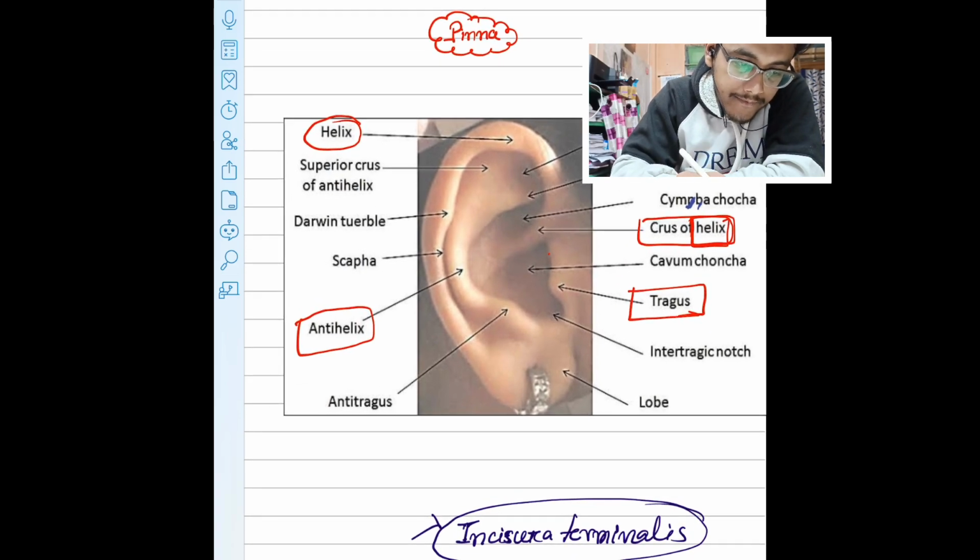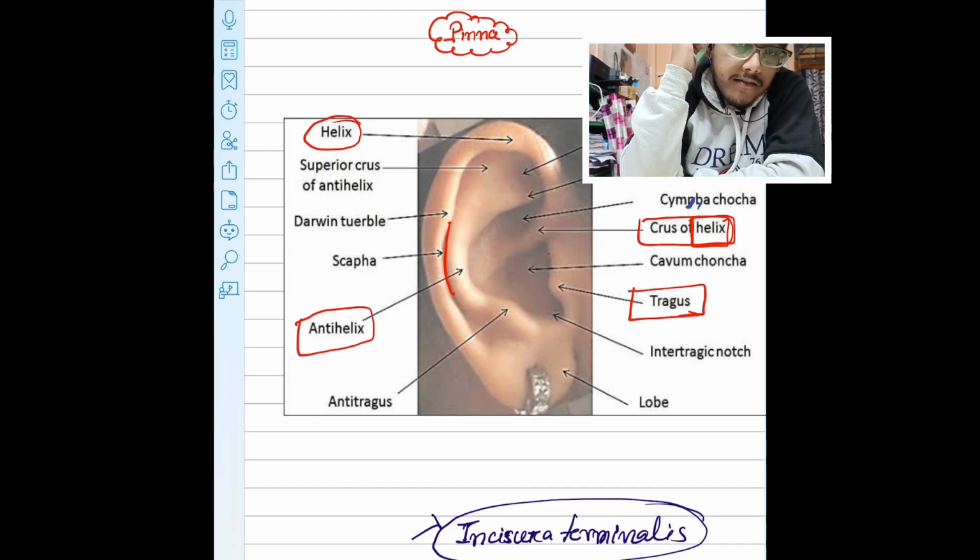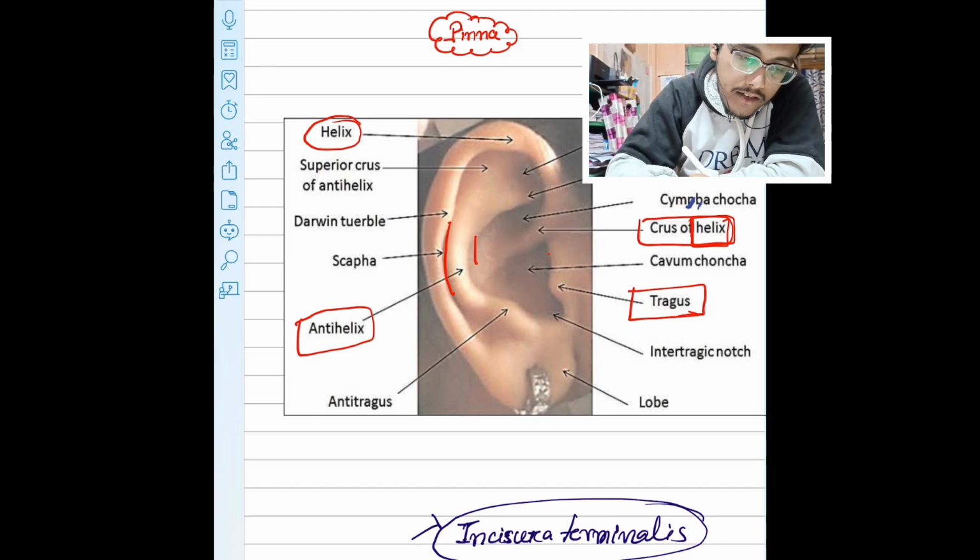Now you can see between the helix and antihelix there is one depression that is known as the scapha. Now here we can see two major depressions, one upward and one downward.